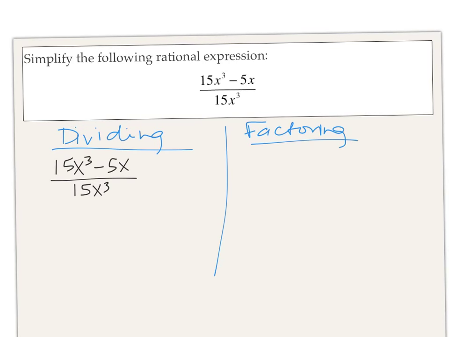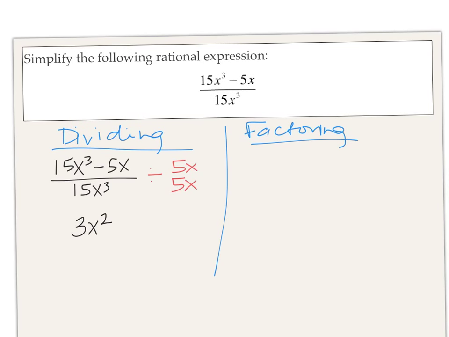So instead, you have to look at all three terms and think, what can they all be divided by? What could 15x cubed and 5x both be divided by? 5x. So if I divide by 5x on both the top and the bottom, always remember it has to be both, I get 15 divided by 5 is 3, x squared, because it was a cube and a 1.